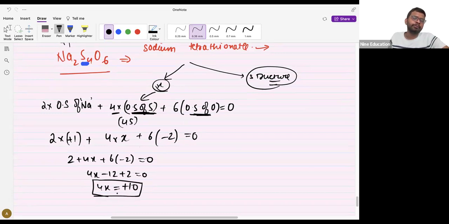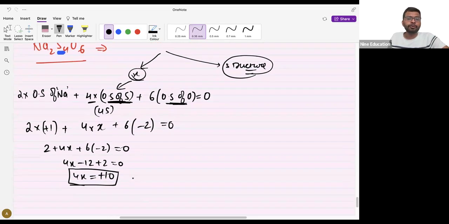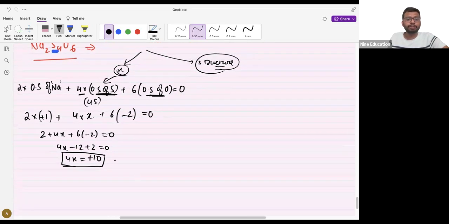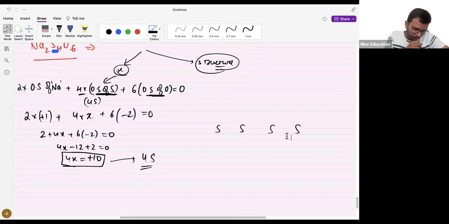So from here you came to know that the 4 sulfurs, 1, 2, 3, 4 sulfurs, will have a total charge of plus 10.